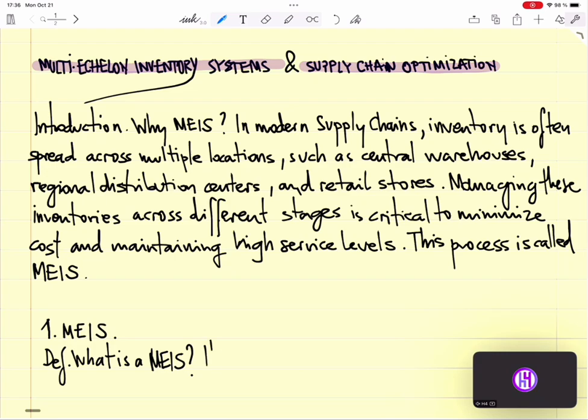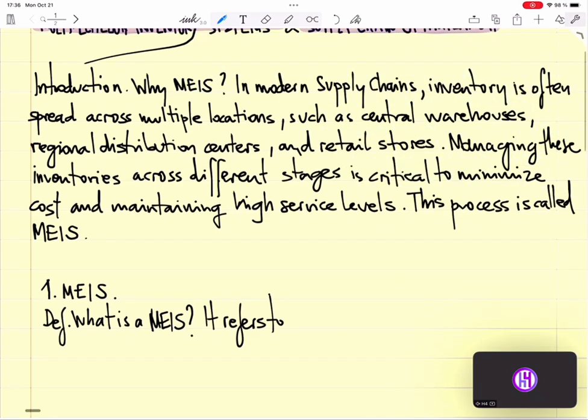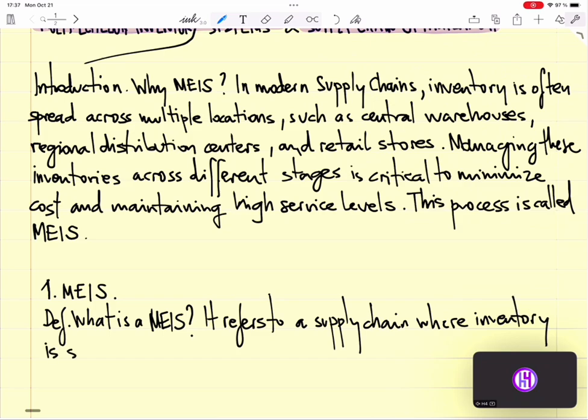It refers to a supply chain where inventory is stored at multiple locations, often referred to as echelons.